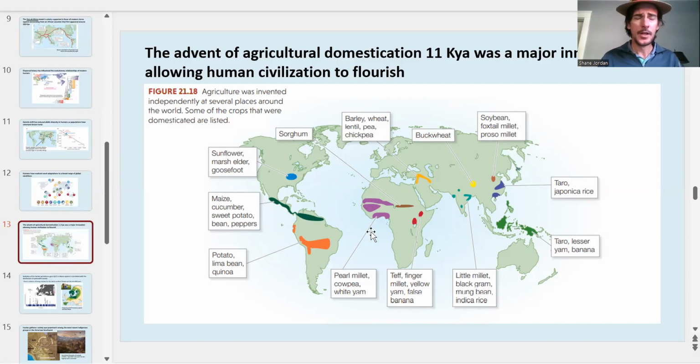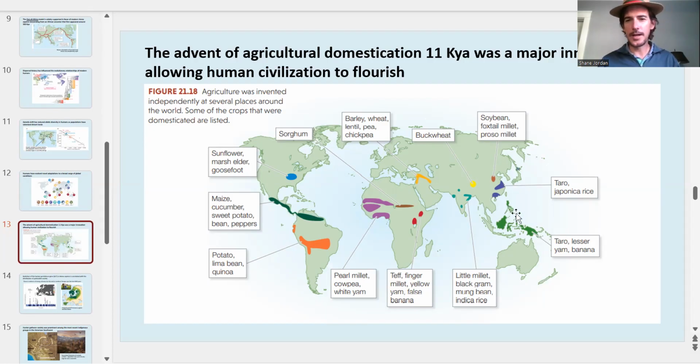We see a situation where multiple human societies are starting to take up a way of life where they've learned how to domesticate plant crops. And there is a whole diversity of different plant crops that human populations have learned to exploit across the globe. The three most principal crops you've probably heard of, and we've almost all certainly consumed, are rice, wheat, and maize.